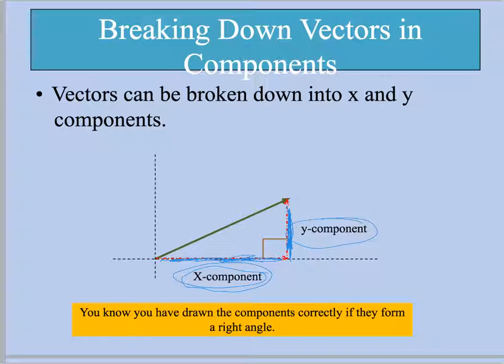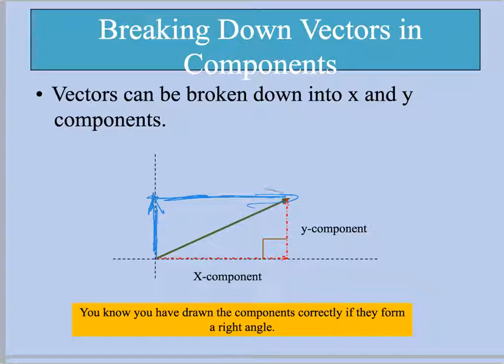And every resultant, the resultant being this green vector here, is going to have connected to it an x component and a y component. I have a lot of students who get confused and say, couldn't you draw it like this and say that this is the y component and this is the x component?